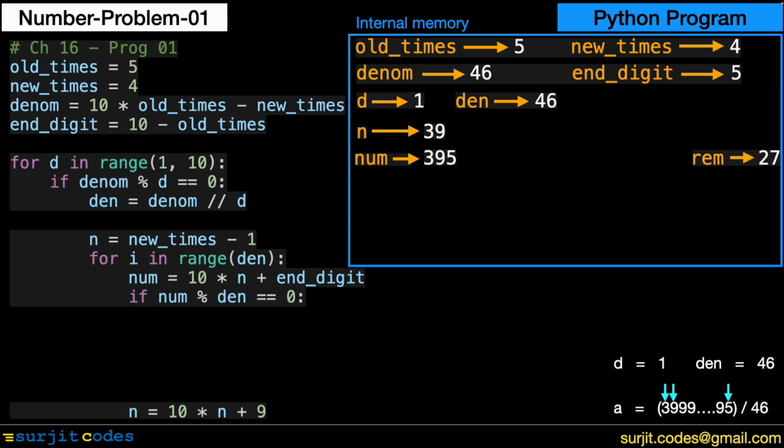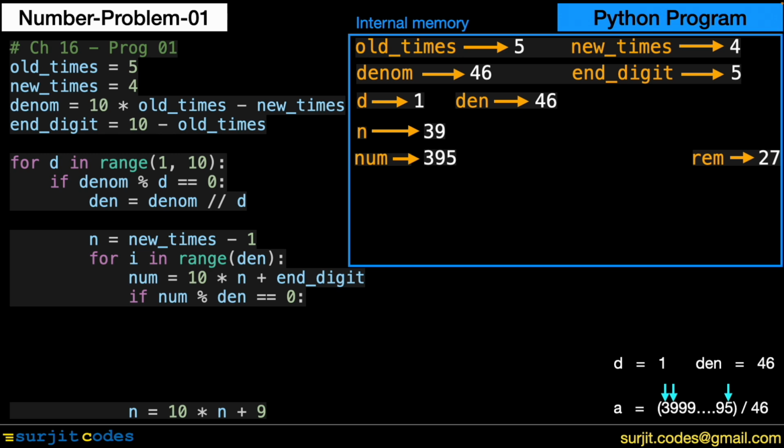Even 395 is not divisible by 46. Its remainder is 27. It is clear that regardless of the number of 9s between 3 and 5, the numerator is never divisible by 46. Therefore, setting d equal to 1 won't yield a solution.